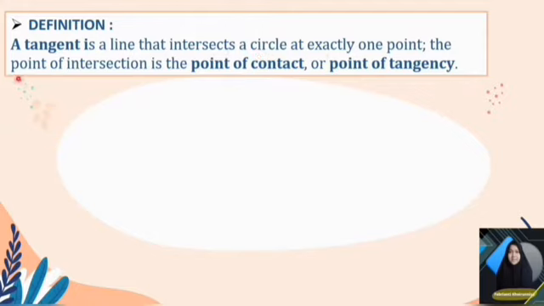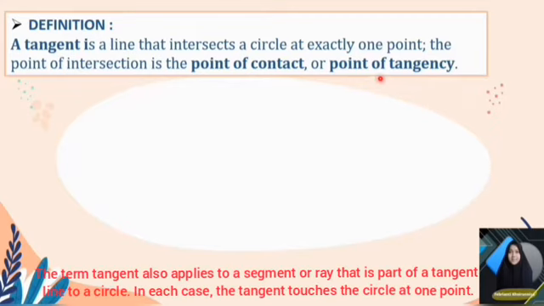The point of intersection is the point of contact or point of tangency. The term tangent also applies to a segment or ray that is part of a tangent line to a circle. In each case, the tangent touches the circle at one point.